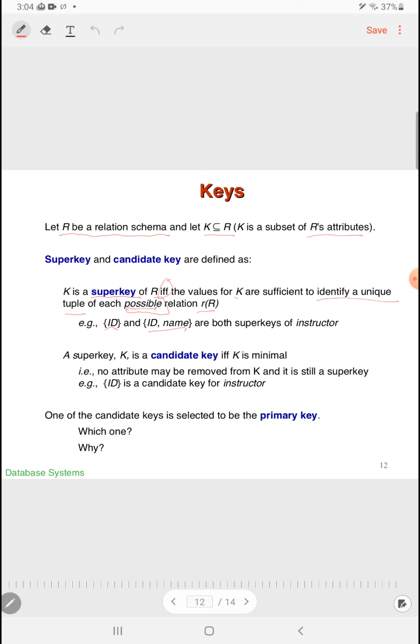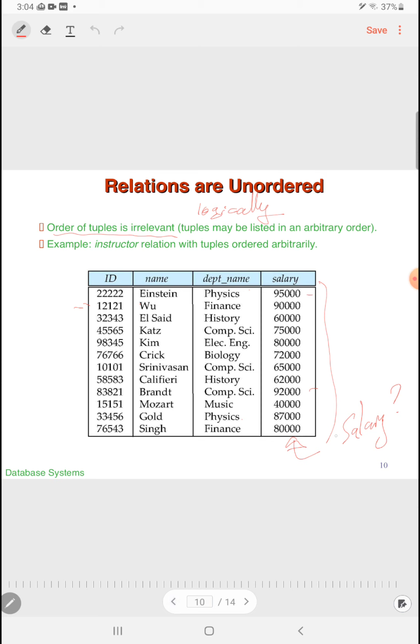no, because to be a superkey, it must be sufficient to identify a unique tuple of each possible relation. So if we go back here, if salary was specified as a superkey, then I can't hire Fred for whatever area at $80,000 because there's already someone with $80,000.